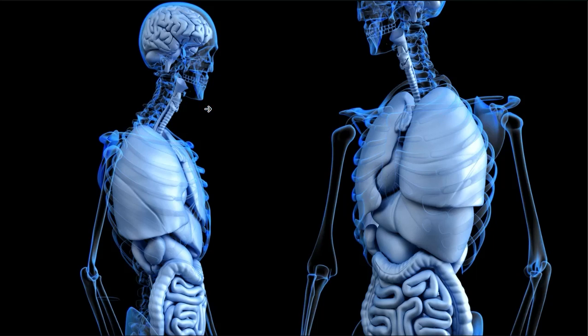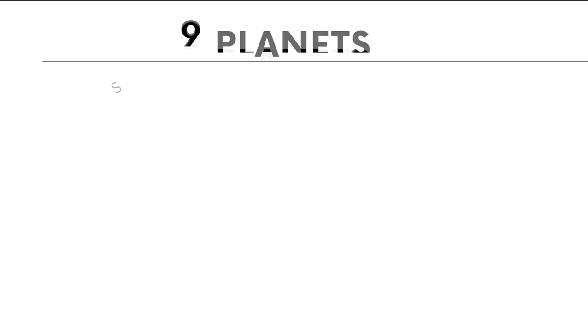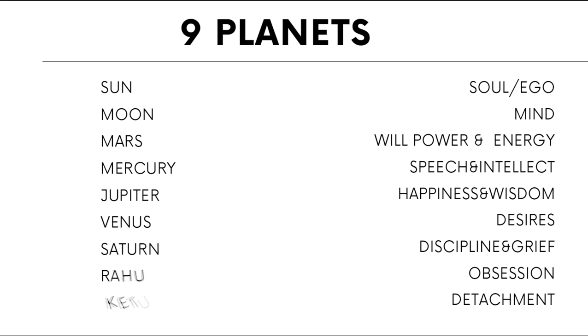From the ascendant, we look at the planets which represent different things. From the standpoint of the ascendant, the sun represents the soul or the ego, moon would represent mind, Mars represents willpower and the energy that a person has, and Mercury represents speech and intellect.